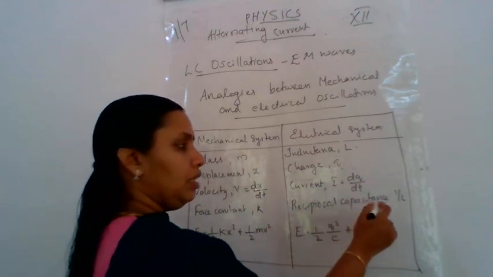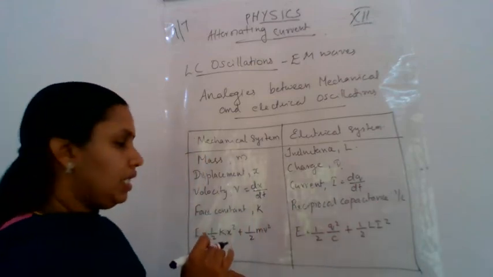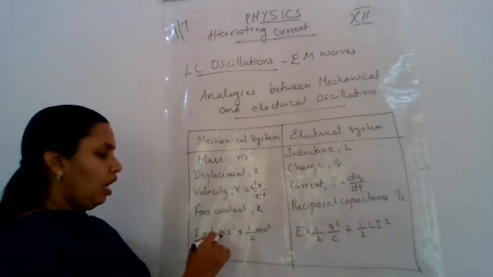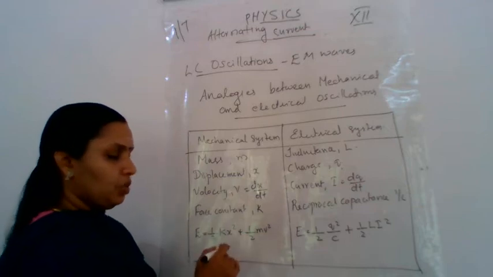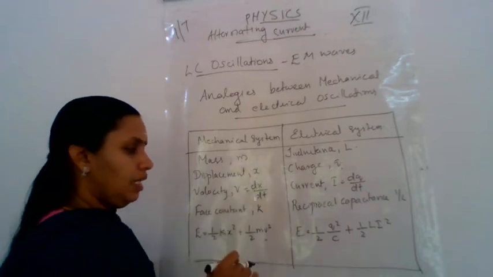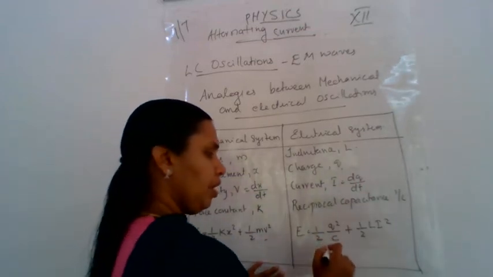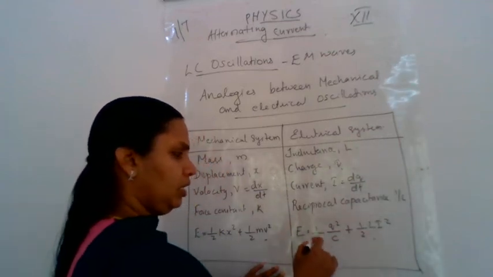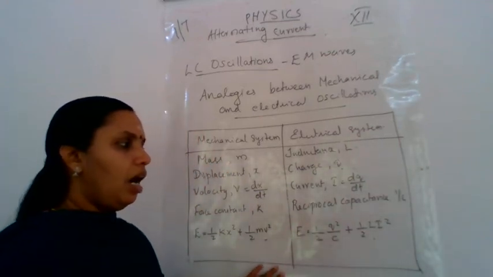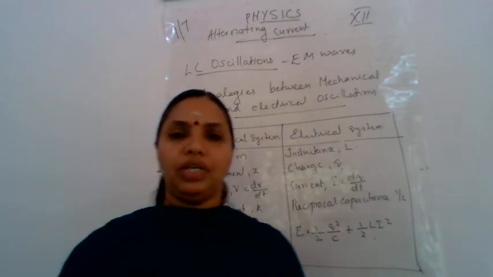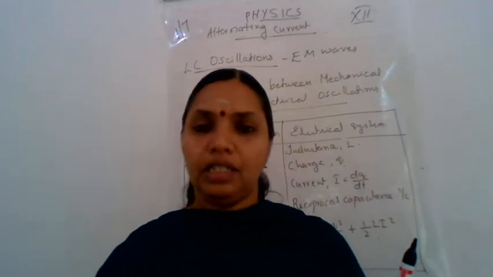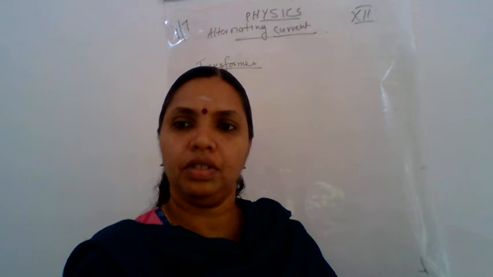Similar to that, here the reciprocal capacitance 1 by c. And here what is the energy? Half kx square plus half mv square, potential energy plus kinetic energy, and here electrical energy plus magnetic energy, half q square by c plus half li square. It is there in your textbook. So this diagram also you draw.